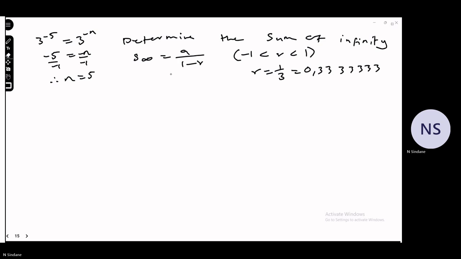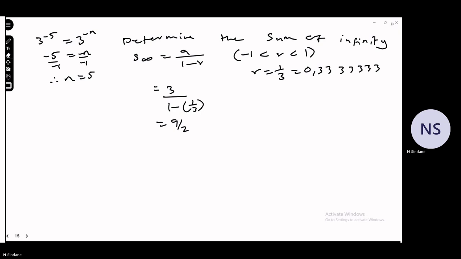So I can use this because I can see that r is in between negative 1 and 1. The value of a, if I remember very well, was 3, divided by 1 minus 1 over 3. If I punch my calculator, 3 divided by 1 minus 1 over 3 gives me 9 over 2. That is how I can calculate the sum of infinity.